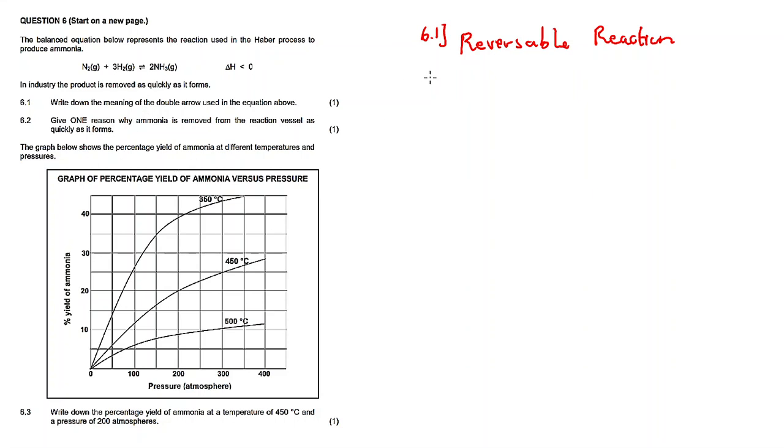Now 6.2: give one reason why ammonia is removed from the reaction vessel as quickly as possible. It is to increase the production, or the yield, of ammonia.